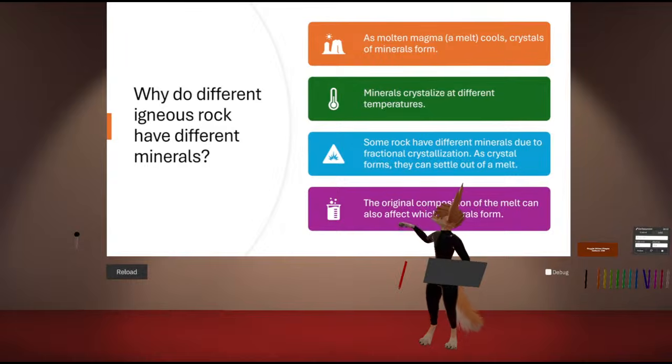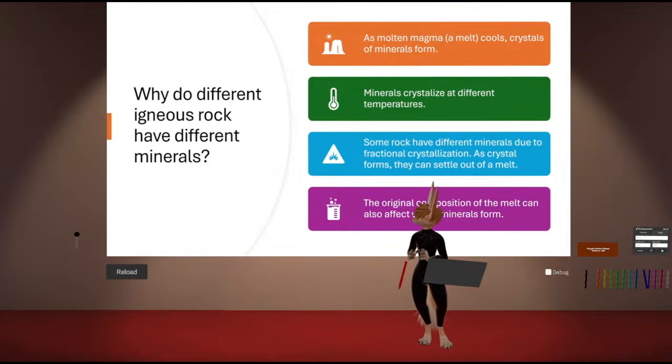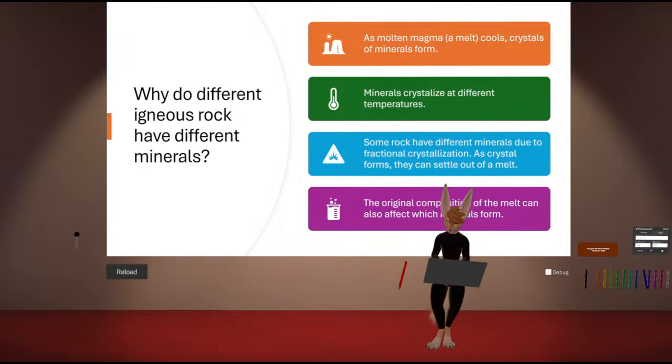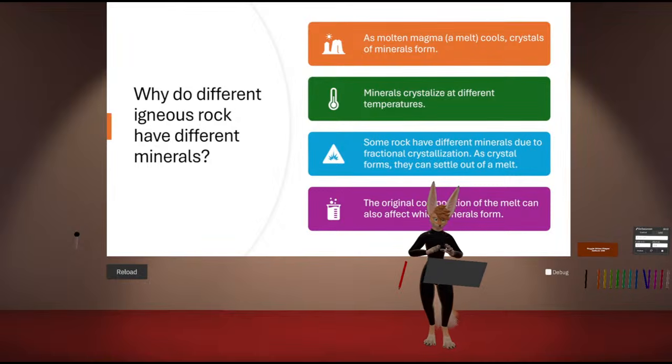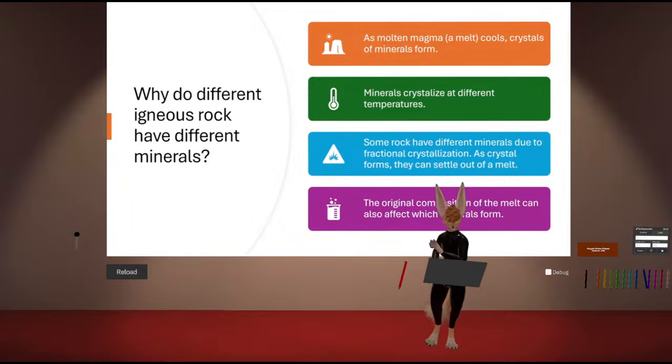There we go. But why do different igneous rocks have different minerals? The first point is as molten magma, which is a melt, cools, crystals form. The next part is the minerals crystallize at different temperatures.